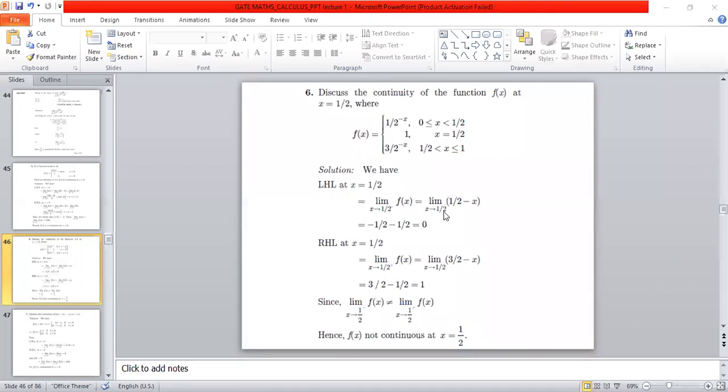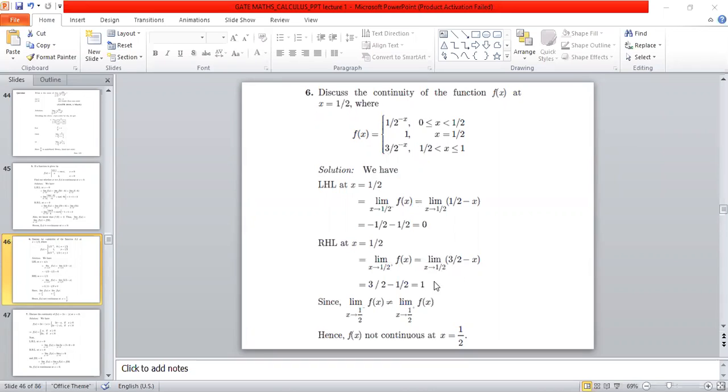So limit x tends to 1 half of 1 half minus x is 1 half minus 1 half, that is 0. And right hand limit at x is half is limit x tends to half plus of f of x. Behind is the function, and plus is the function which is ahead of 1 half, and that is nothing but 3 by 2 minus x.